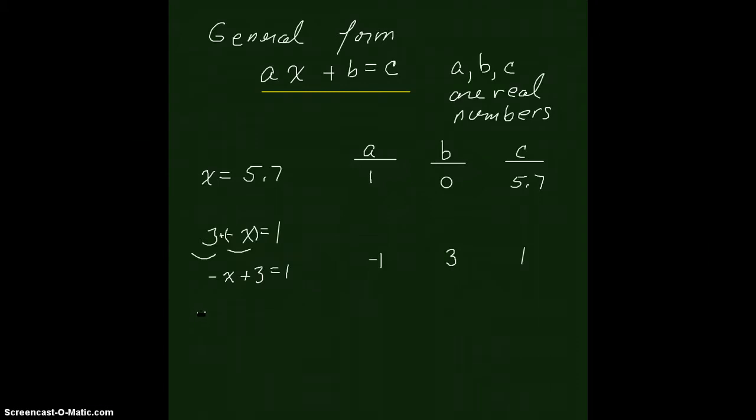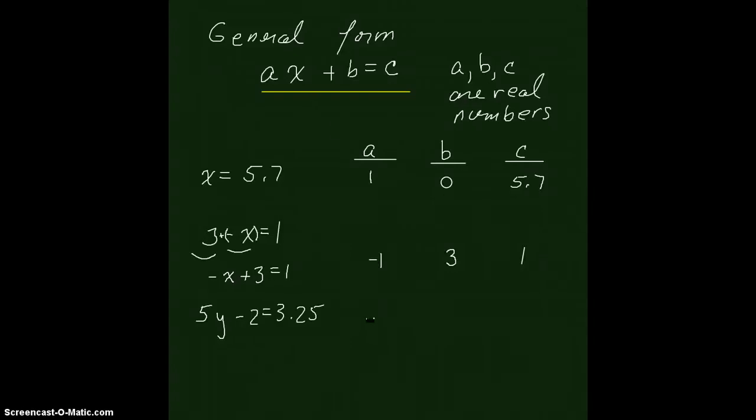In the last example, I think it was something like 3y or 5y, perhaps it was. Let me go and correct that. I think it was 5y. Just testing short-term memory. Minus 2 equals 3.25. Perhaps it was something like that. Now with the variable y, a is what's in front of the variable.